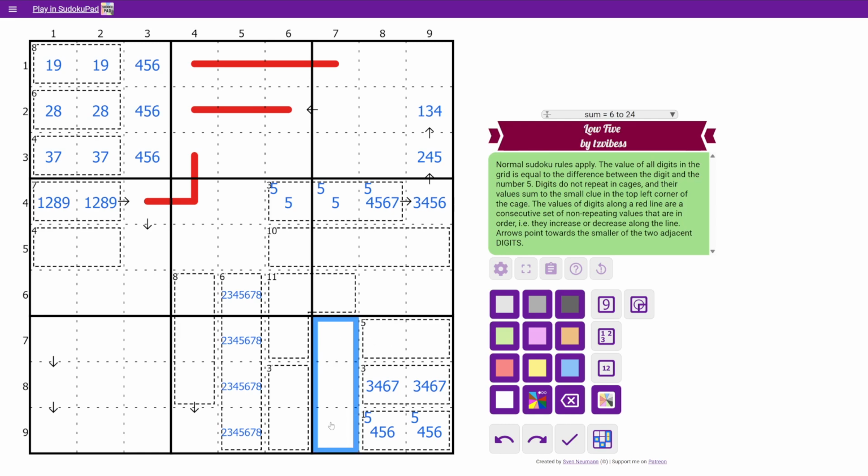But basically 1, 9 is never. Oh no, wait, it could. Oh no, this is gonna have a 1 in it. And this is gonna have a 1 in it. A value of 1. Therefore this cannot.